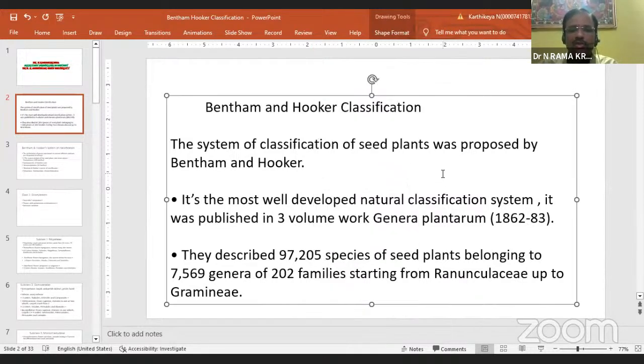The starting family is Ranunculaceae up to the last one, Gramineae. So 97,205 species, 202 families, and 7,569 genera. Is it okay?